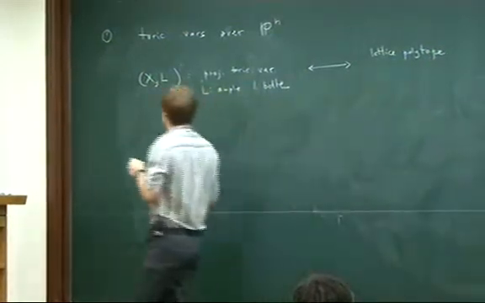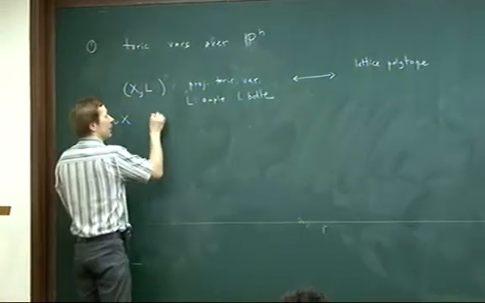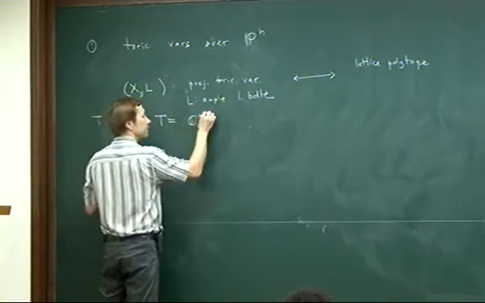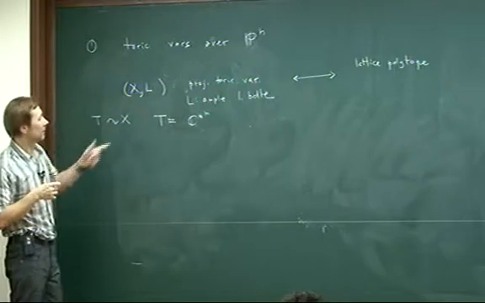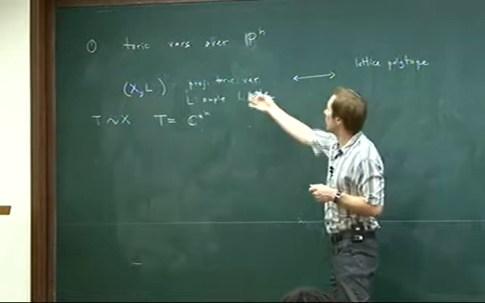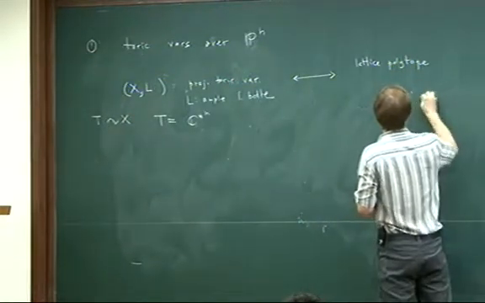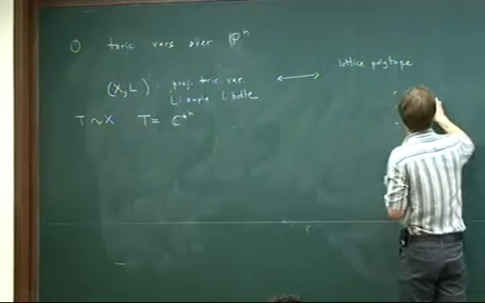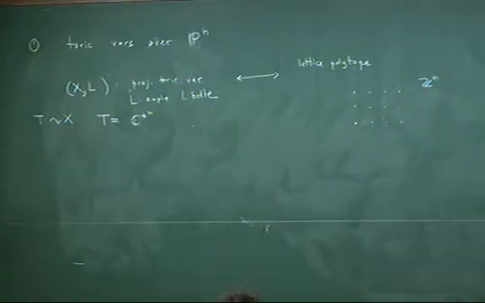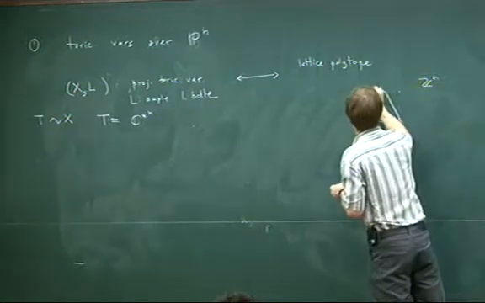So if on X we have an action by a torus T, and let me work over complex numbers, so let's say it's C star to the n, then to give a pair like this is the same as to specify a lattice Z to the n, and then in it to give a polytope.